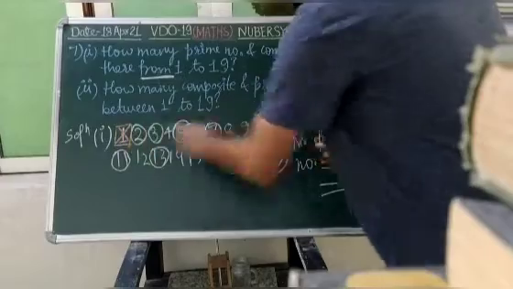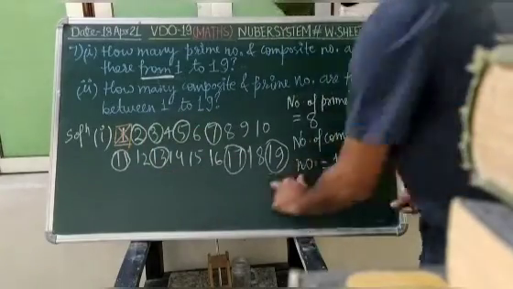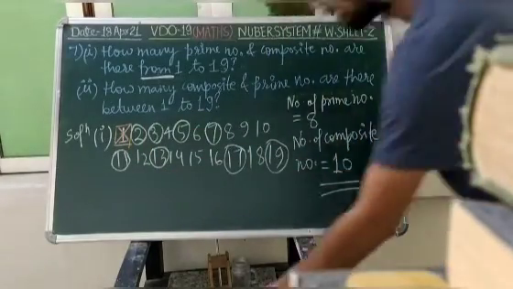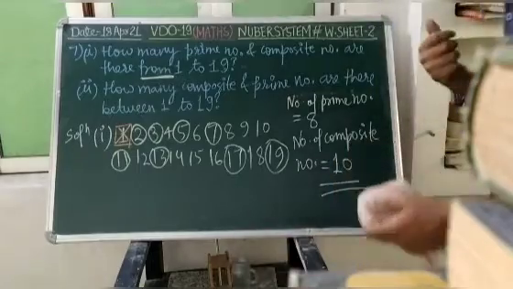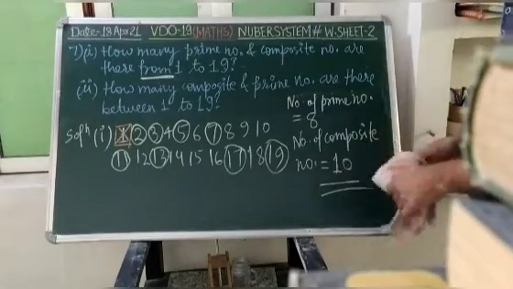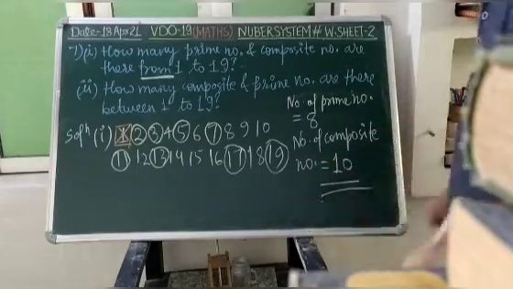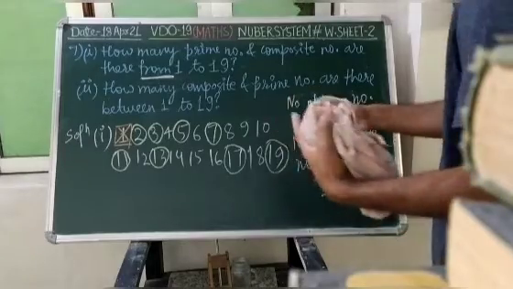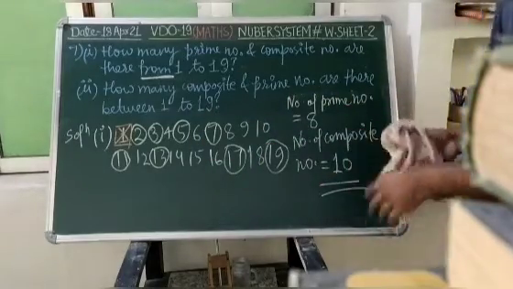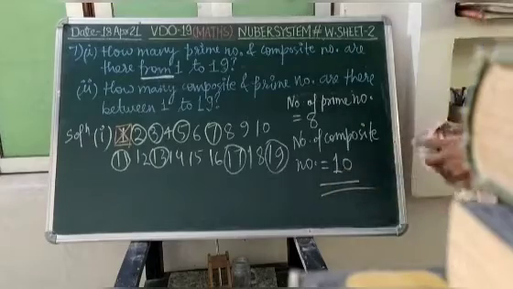But the best way is to write the numbers and do it like this. Then only your answer will come correct in the exam. In my exam as well, I do it like this so that there cannot be any mistake.